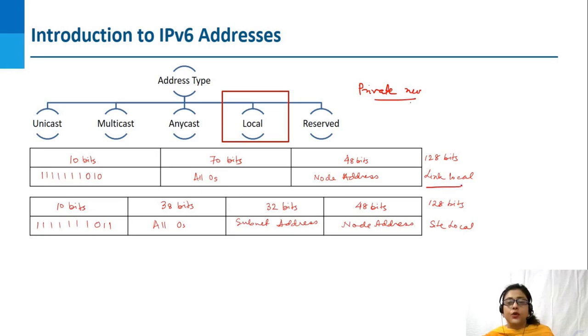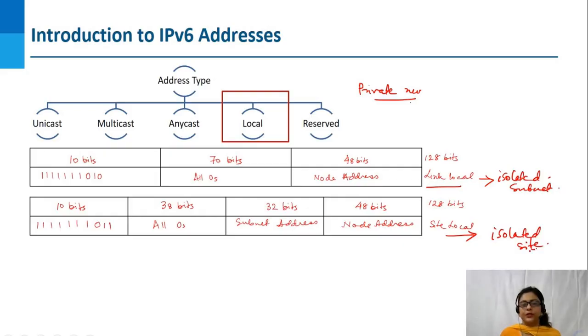One is called the link local address, when you have an isolated subnet, and you can also have a site local address when you have an isolated site with several subnets. So the addressing structure is like this.